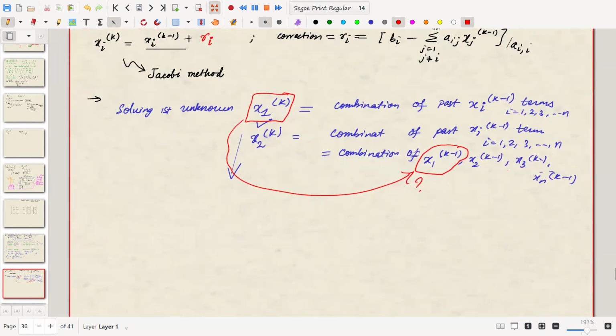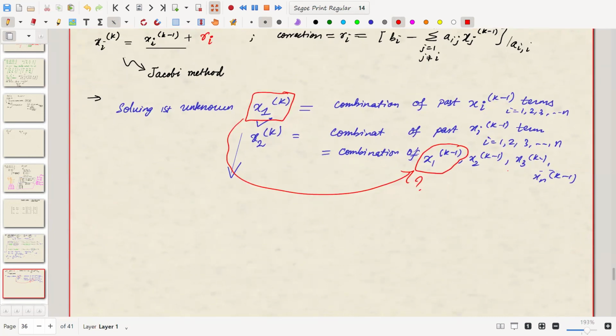We see the problem: x1 of k you solved as a combination of past states. Fine. When you encounter x2 of k, we are also using x1 of k minus 1. But in the previous step only, you calculated the fresh future state of x1. Why can't you use it and make the iteration better? That was our concept.